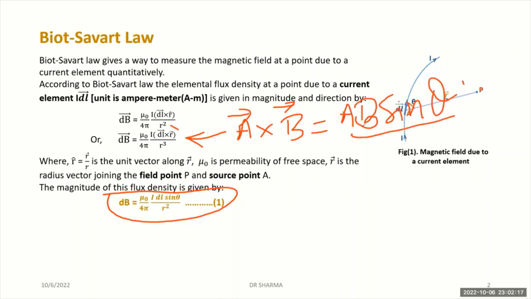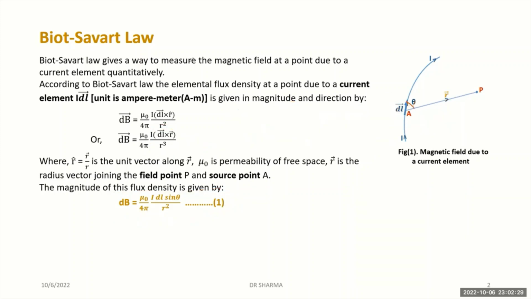Here dl cross r will be equal to dl r sin theta, where theta is the angle between dl vector and r vector. And the direction of this magnetic field is perpendicular to both dl vector and r vector, or say perpendicular to the plane containing both dl vector and r vector.